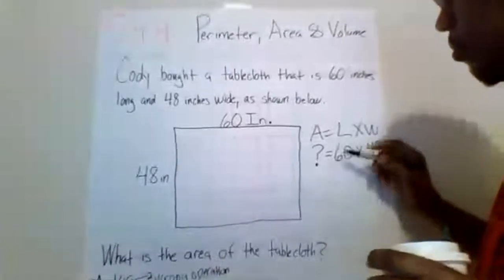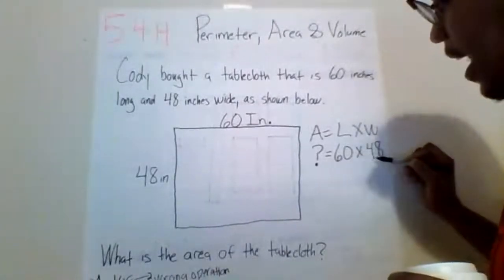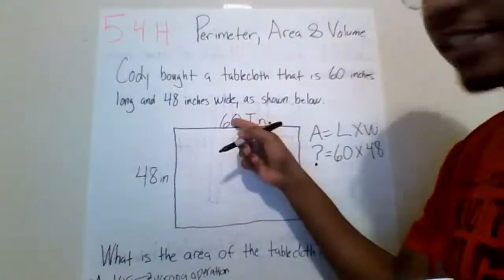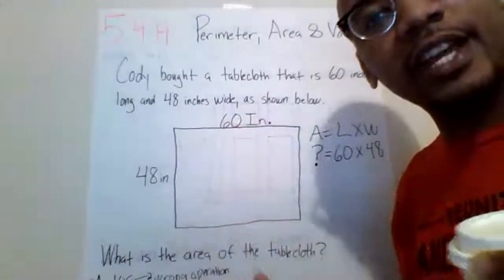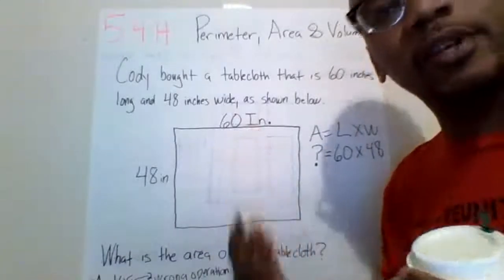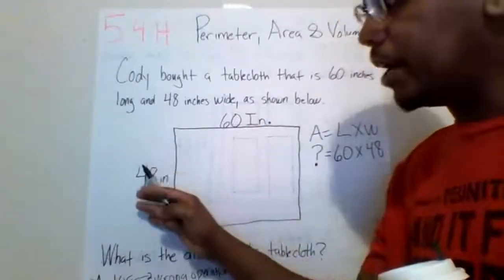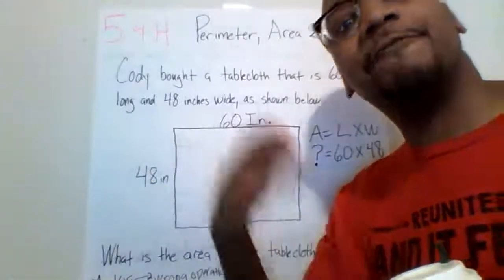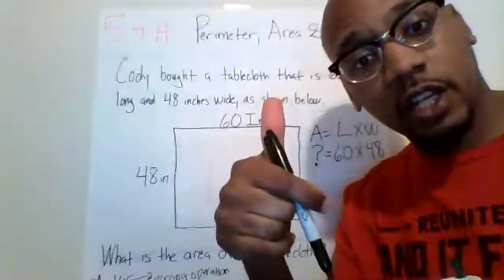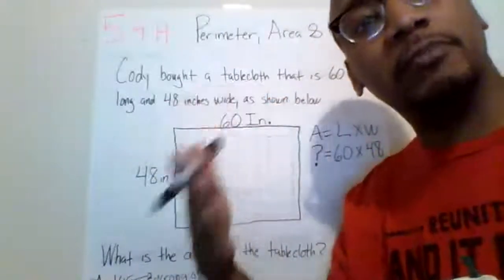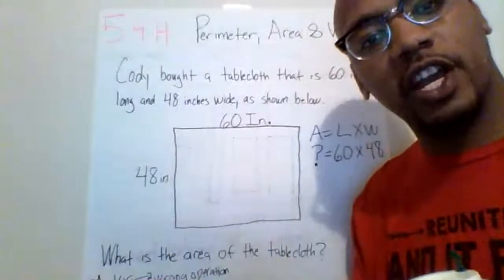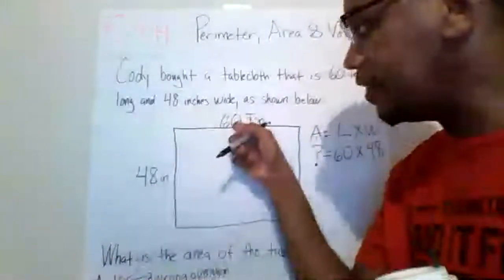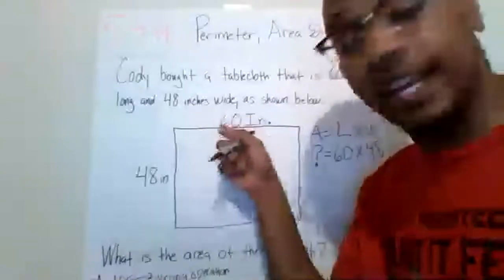So, I have 60 and I have 48, right? Well, 60 is rounded already. It's pretty easy to use because you just use the 6 and then put zeros behind it. But I can round 48 to 50 because it's close to 50, and 50 is more comfortable to deal with. So this is close to 50 and this is 60.